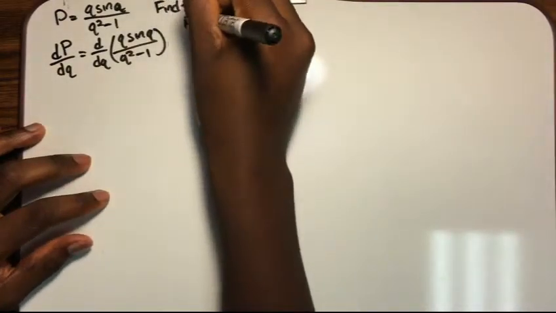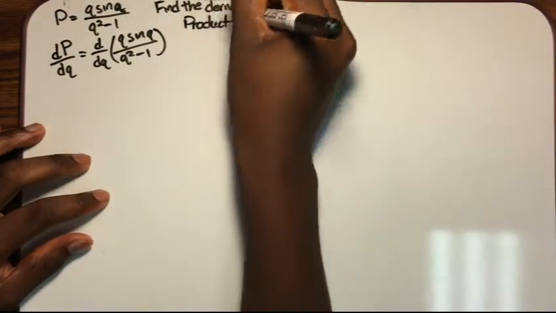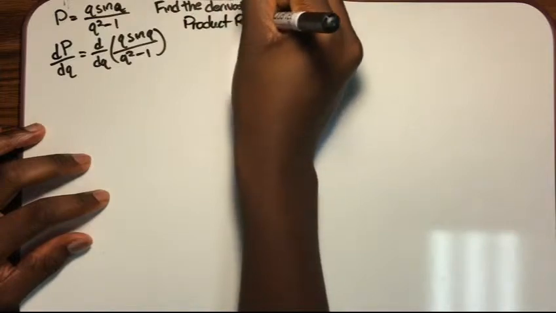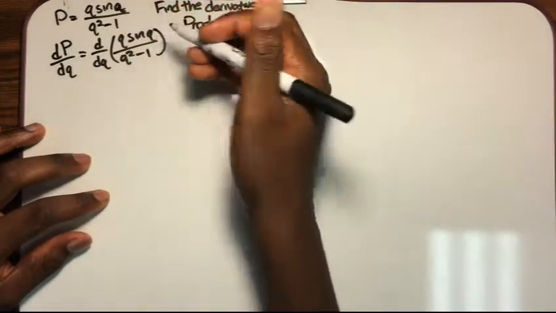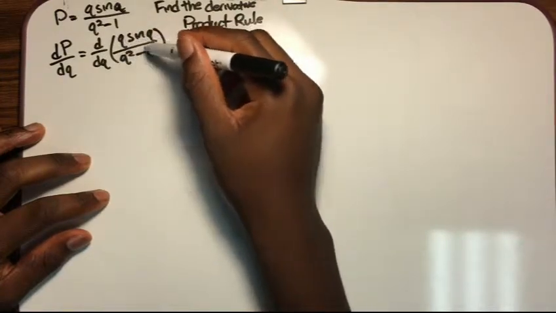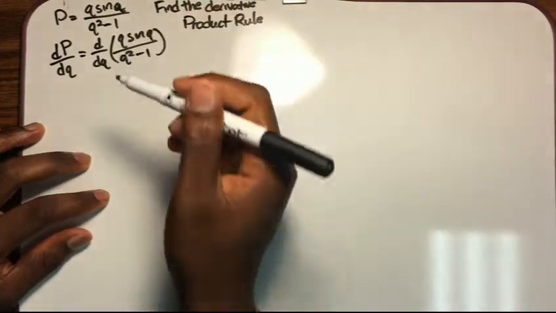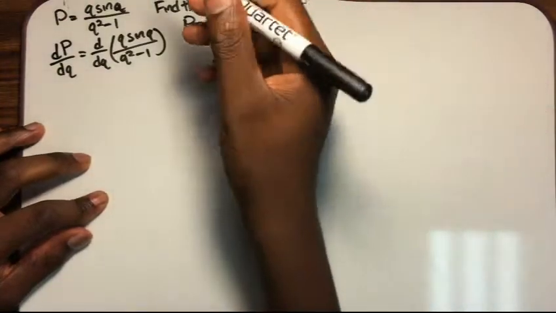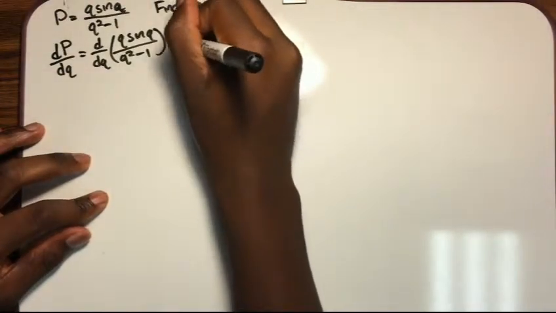And how the product rule goes is that once you're taking the derivative of two different functions, you can say this whole top can be one function, this whole bottom the other, or numerator, denominator.